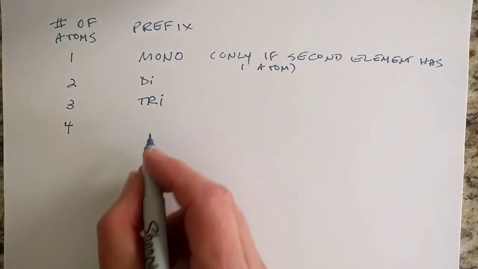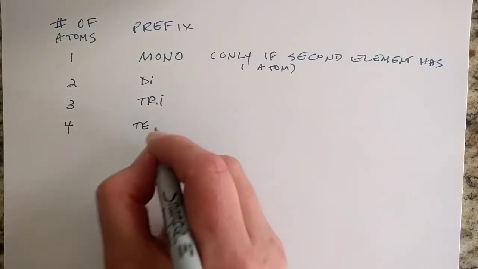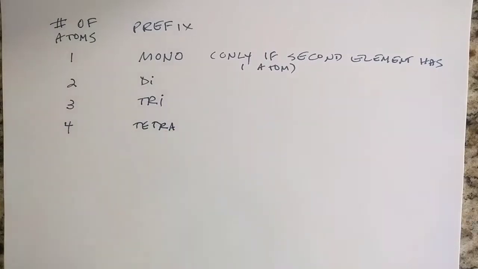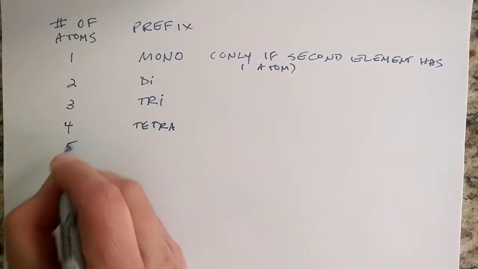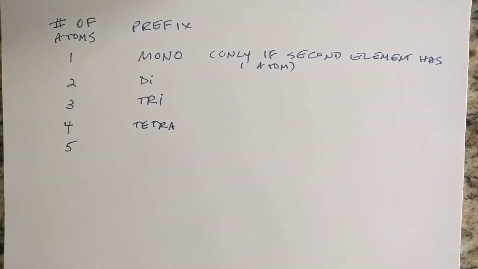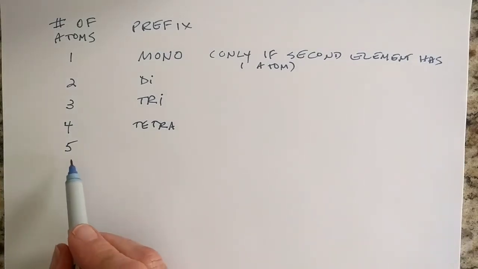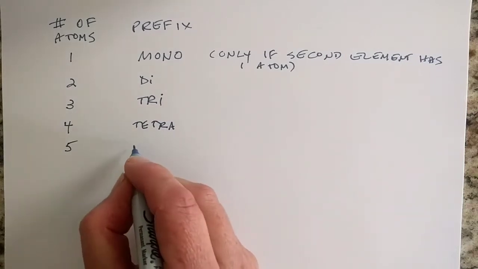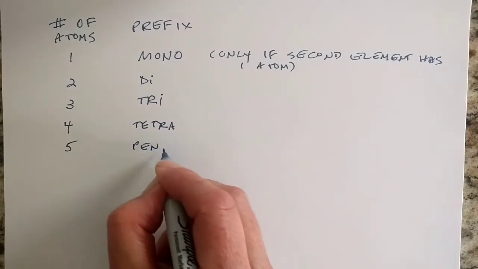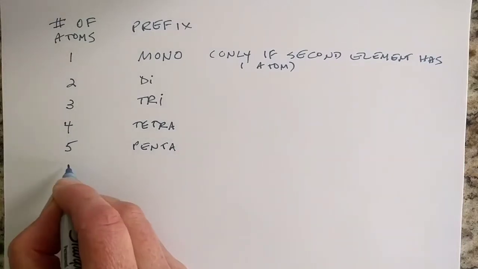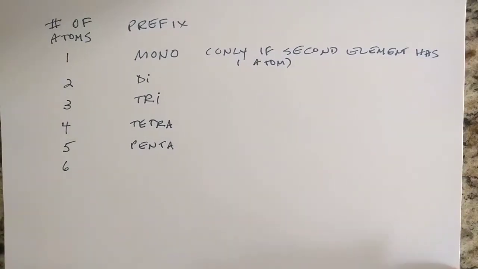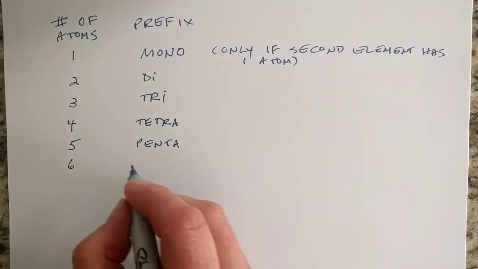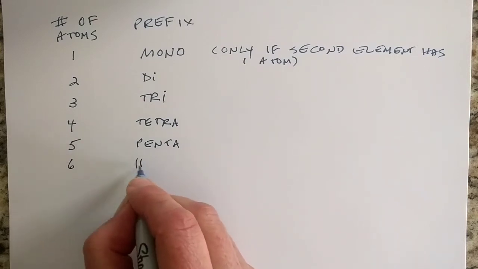The prefix of 4 is tetra. And then 5. Now we're going to go back to our geometry shapes. If we have a 5-sided figure that is a pentagon, the prefix of 5 is penta. If we have a 6-sided figure, it's a hexagon. The prefix for 6 is hexa.